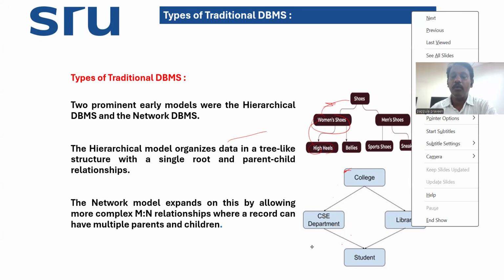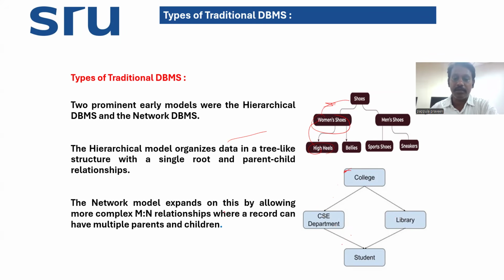So this involves one-to-many and many-to-many relationships, mainly many-to-many. CSC department is connected with the college and with the student. The library is also connected with the college and with the student. The student is connected with the CSC and with the library. So this is the many-to-many relationship.